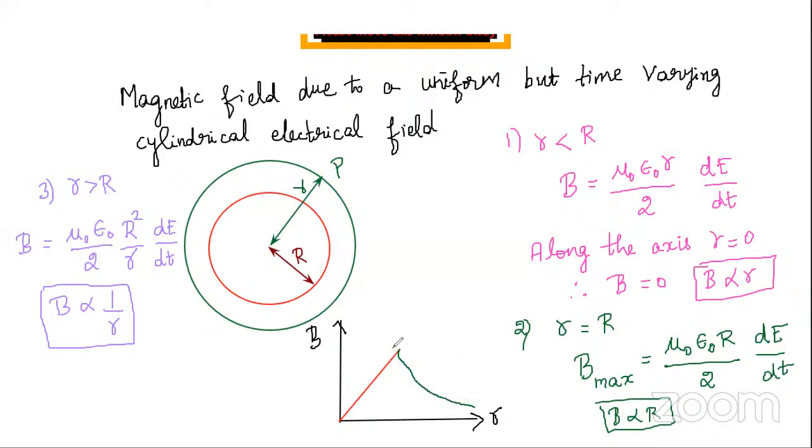Here, this point where it reaches the peak is small r equal to capital R. So in this region, B is directly proportional to small r, and in this region, B is inversely proportional to r. Here r is lesser than R, and here r is greater than R.